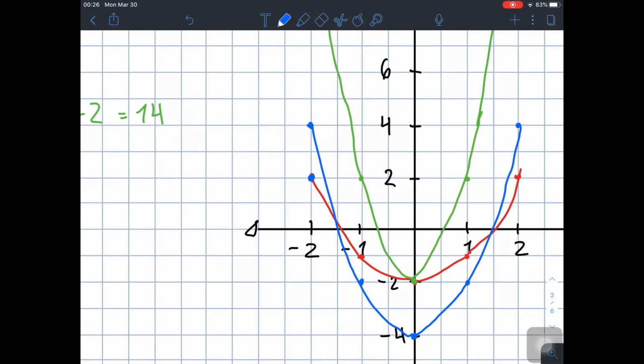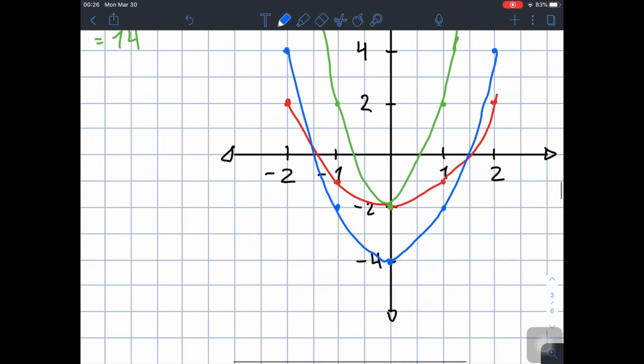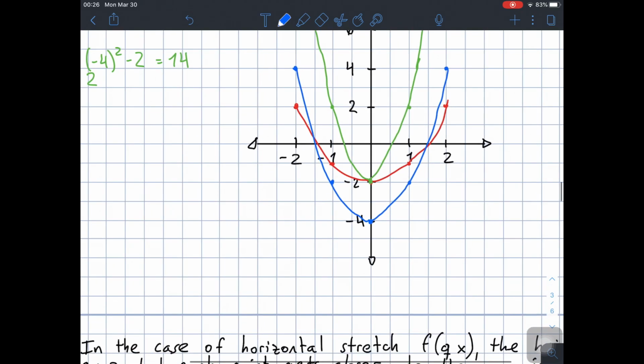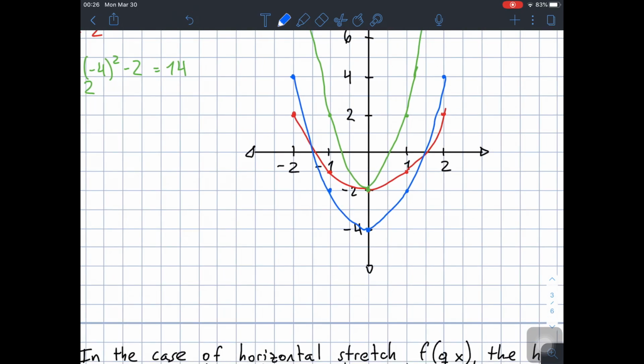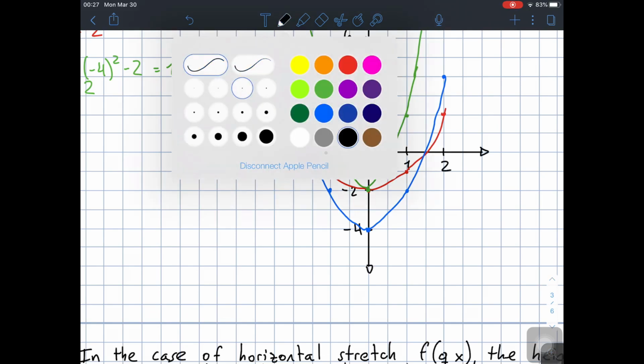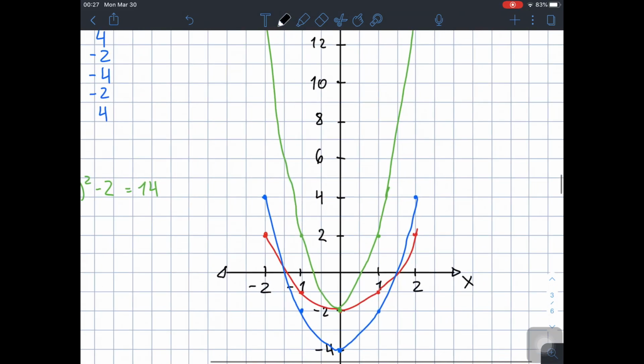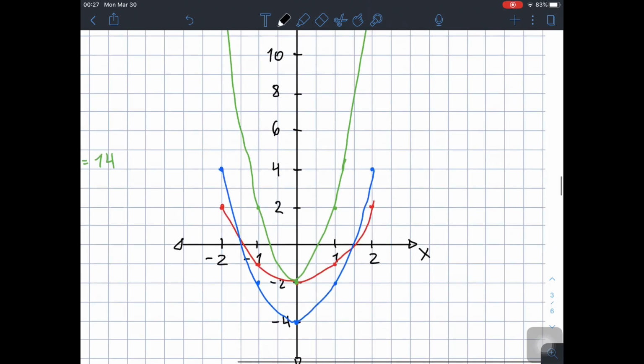This was a 2 over here, and now it's a 4 for the y. And this point over here, which was -1, now turns to be -2, and so on. So you see that all the values are doubled for the function, and this makes the blue function move away from the x-axis, which is this axis over here. This is y, this is x.